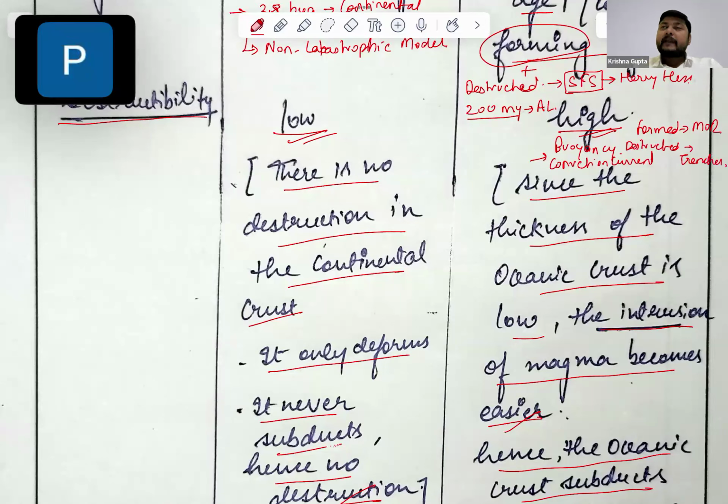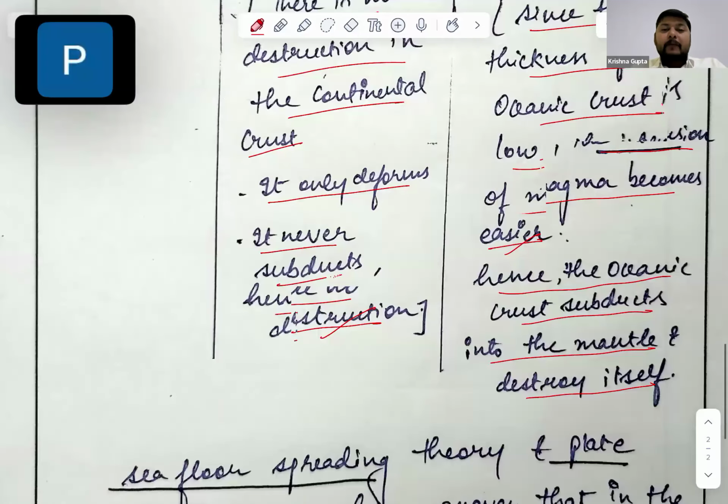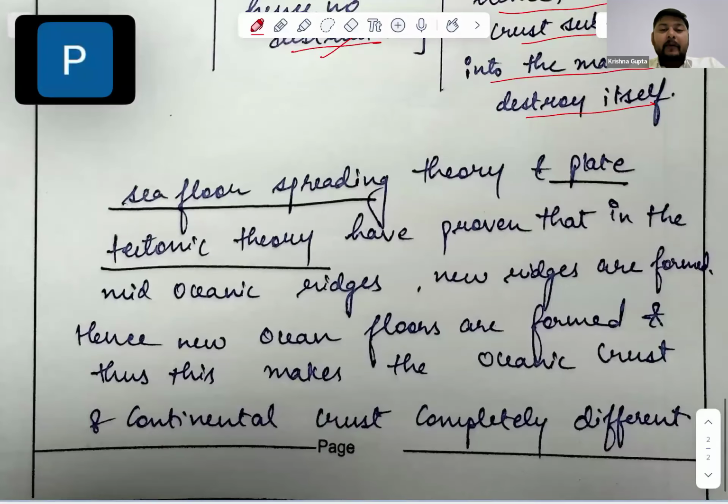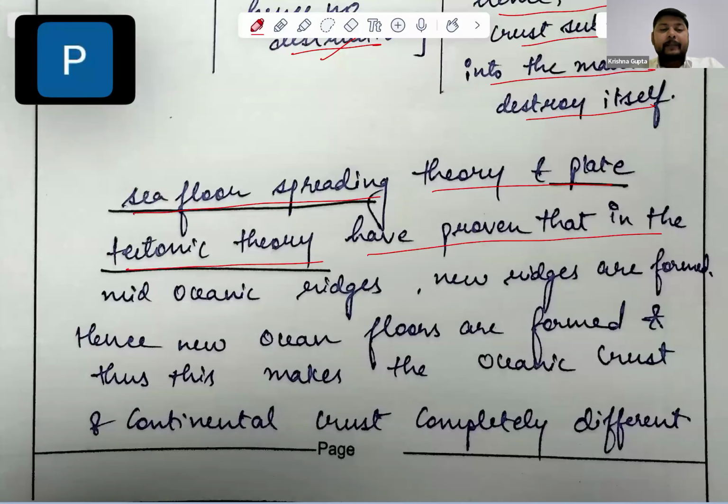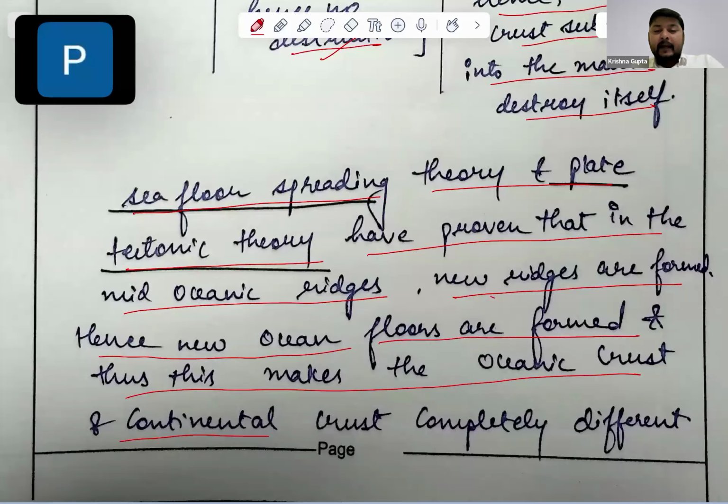So this we can explain here, and we can say this is a cycle which is continuously going on, that is the construction and the destruction of the oceanic crust, which is taking place in the crustal part here. Now, the seafloor spreading theory and the plate tectonic theory have proven that at the mid-oceanic ridges new ridges are formed. Hence new ocean floors are formed, and thus this makes the oceanic crust and continental crust completely different.